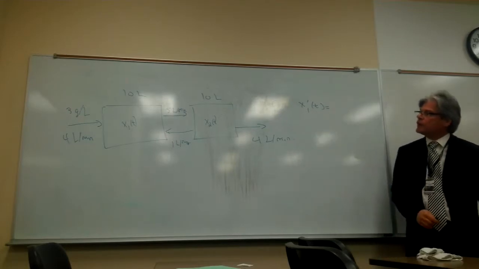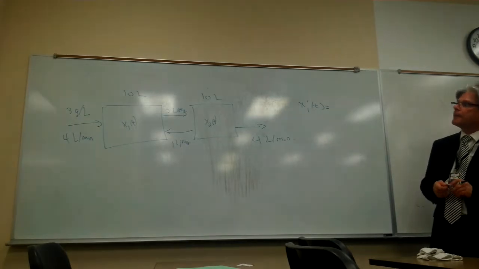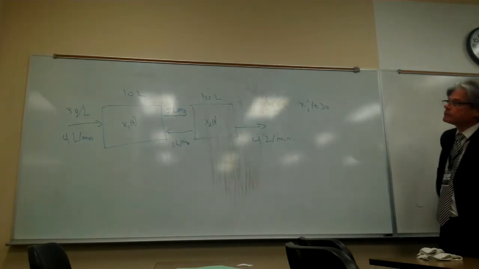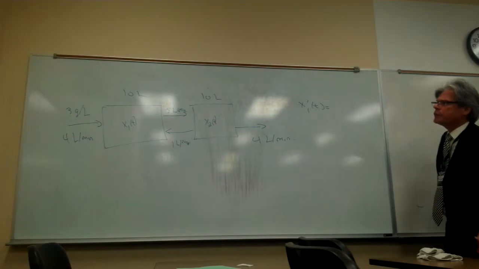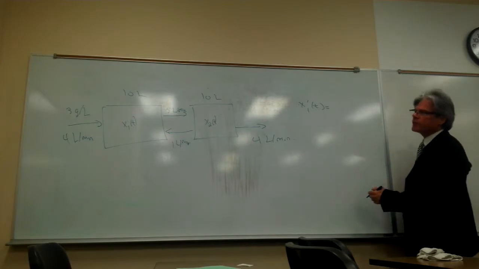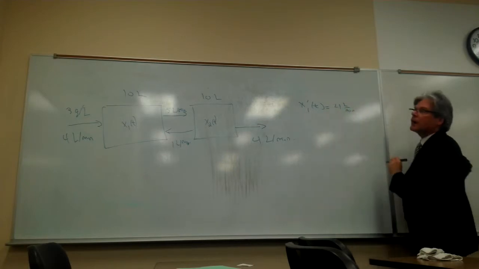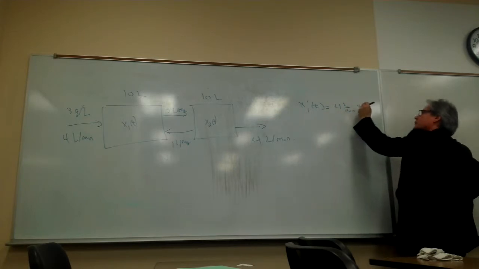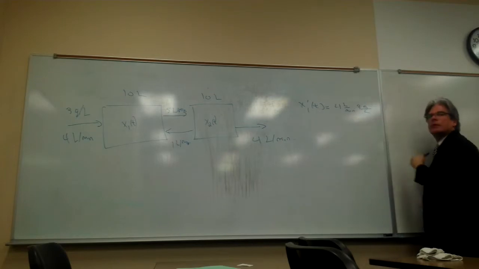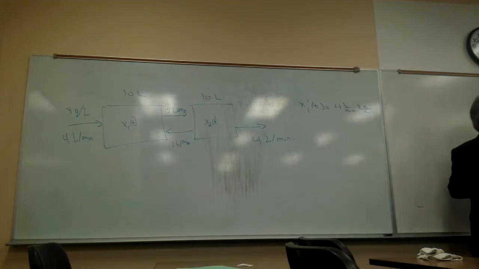Coming in, I have a fluid flow of 4 liters per minute and a concentration of 3 grams per liter. My units look pretty decent: the liters cancel, and I'm looking at grams per minute, which is the rate at which the amount of pollutant is changing in tank 1 from that particular pipe.